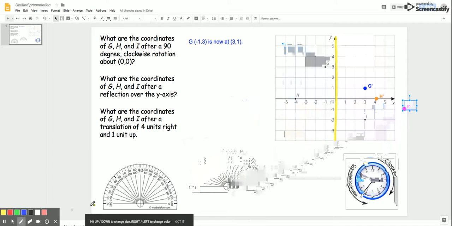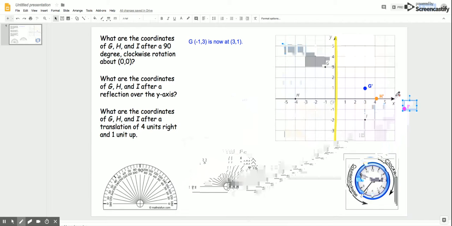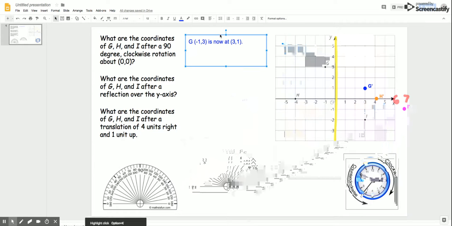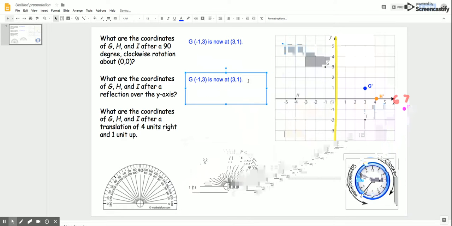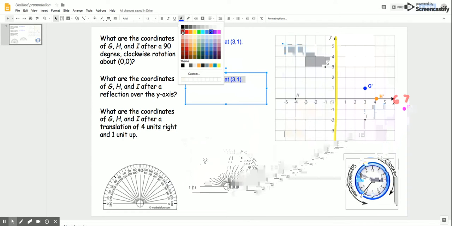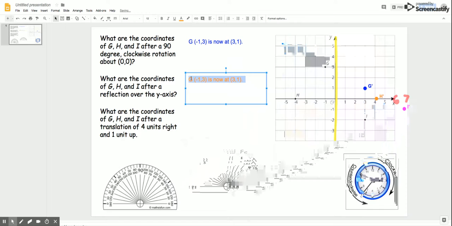Let's go ahead and add these numbers. So this is 5 units on the positive x-axis, 6, and here is 7. So actually, let's go ahead and fill these in for the other 2 that we missed. So let's see, H is orange. Let's go ahead and keep our colors together. So H originally was at (-4, 0).